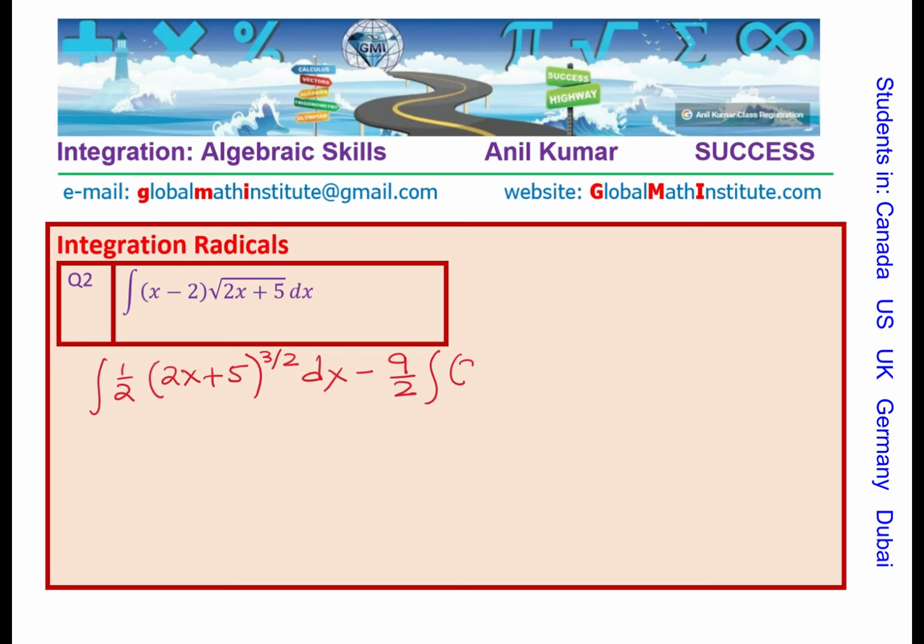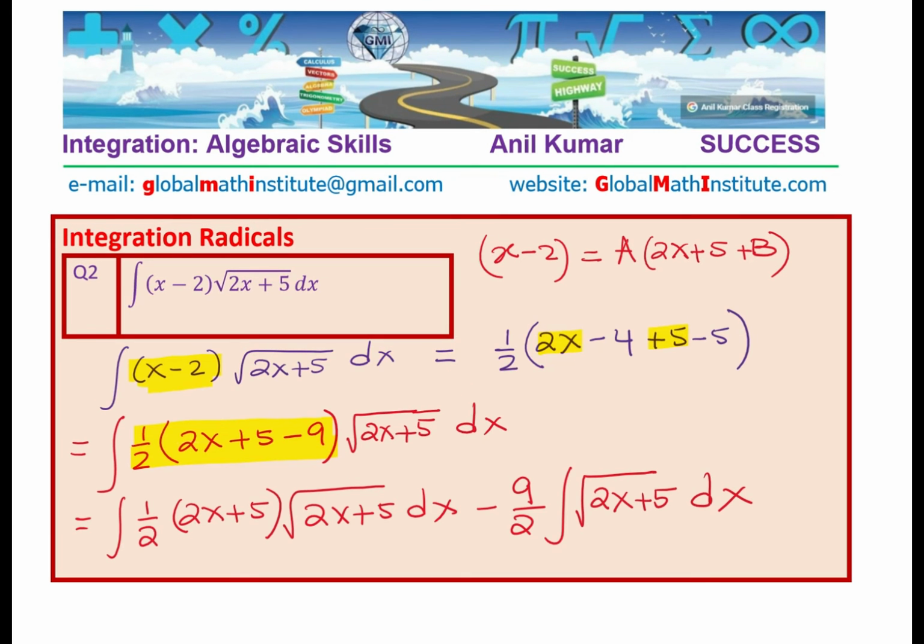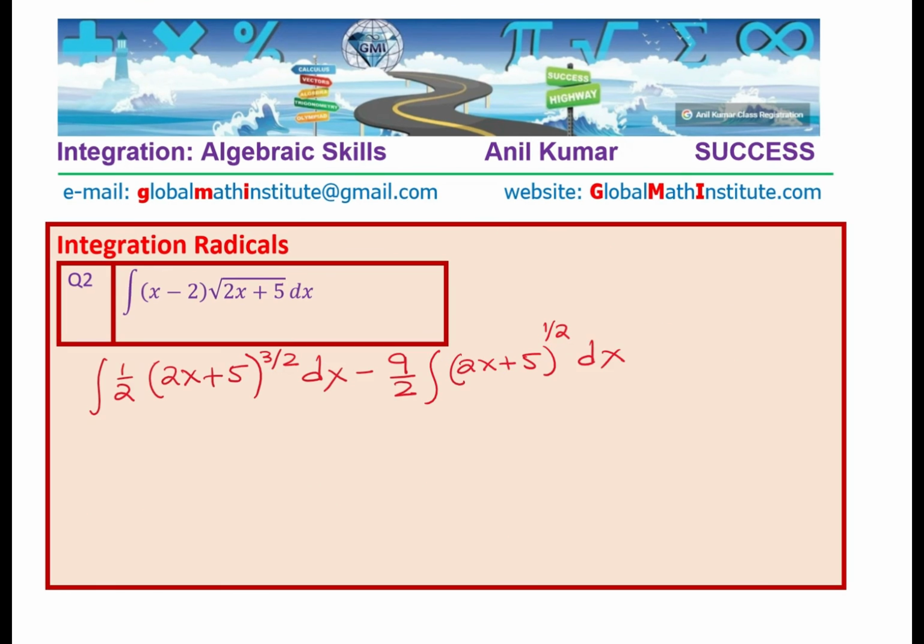Integral 2x plus 5 to the power of half dx. Does that make sense, right? So let's go back, check. So we got half 2x plus 5, which is to the power of 1 plus half, which is 3 by 2, and minus 9 by 2, 2x plus 5 to the power of half. Is that clear to you?